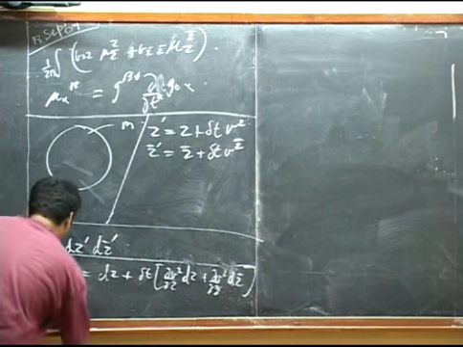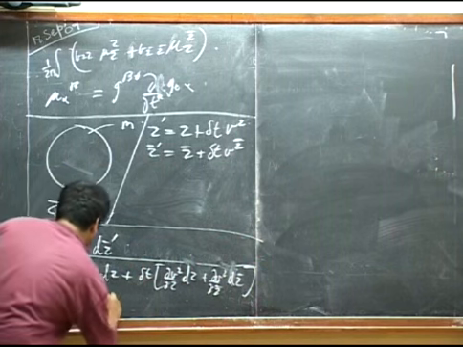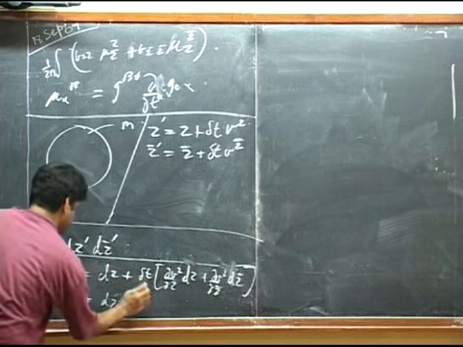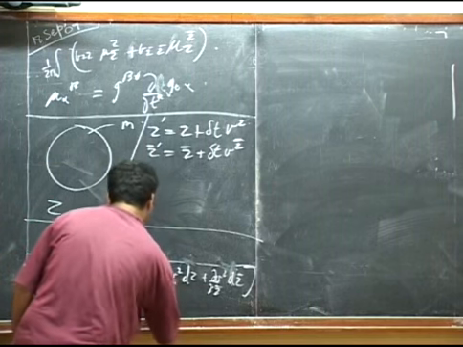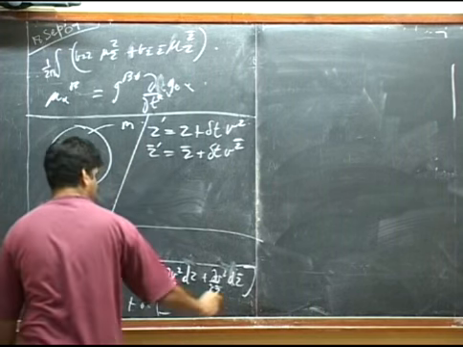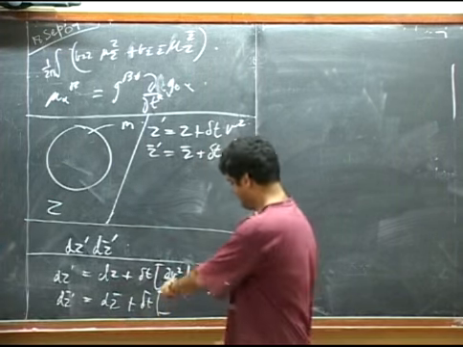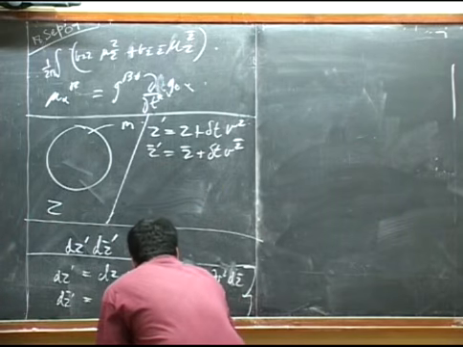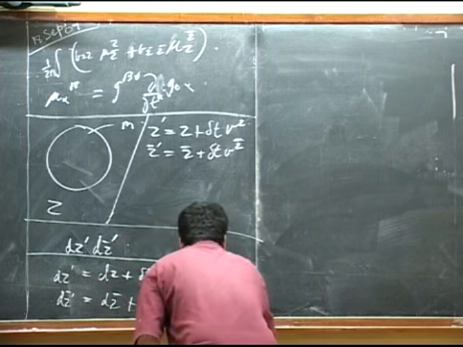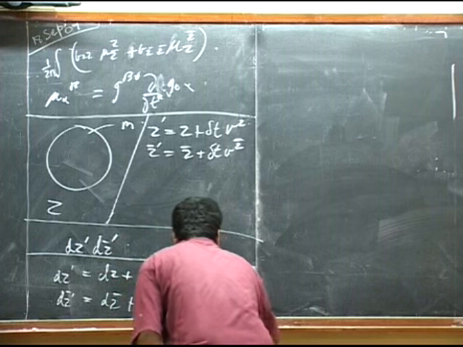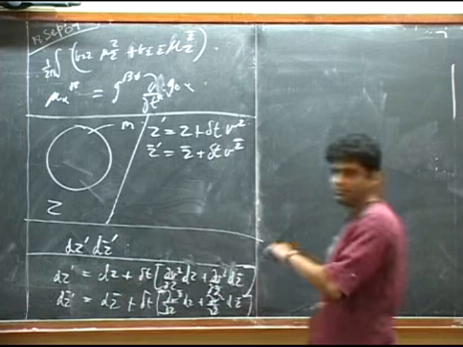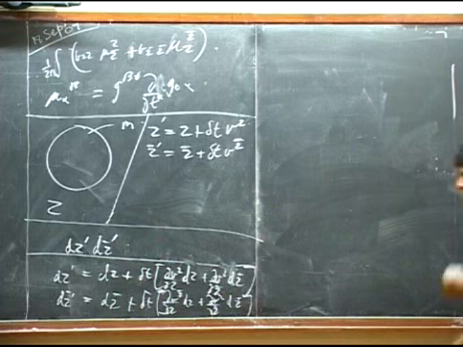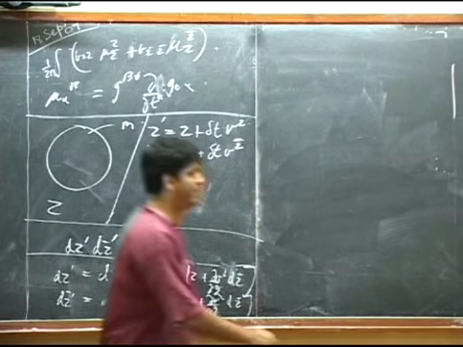And similarly, dz bar prime is equal to dz bar plus delta t times an analogous formula: del v^z̄ by del z dz plus del v^z̄ by del z bar dz bar. Now we're working to first order in delta t. So let's find the new metric.